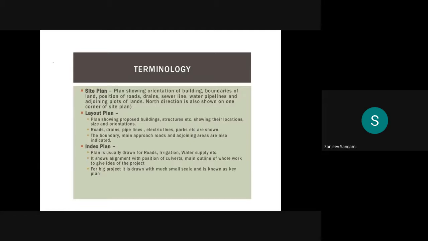In a layout plan, almost all the things have to be mentioned. An index plan is normally used for big projects. Normally we use layout and site plan, but the index plan is used for big apartments like that.